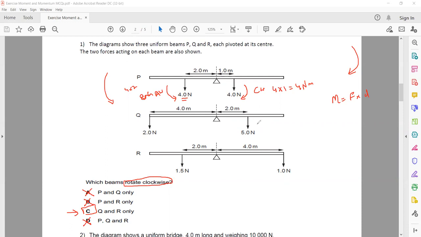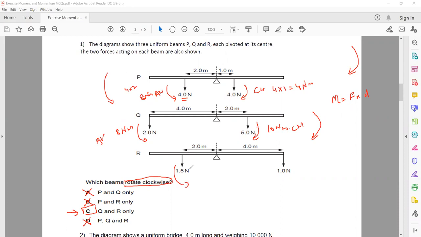When we check Q, the clockwise moment will be 5 multiplied by 2, that is 10 Newton meter. And for the anti-clockwise moment, 2 multiplied by 4 equals 8 Newton meter. Because the clockwise moment is more, this will rotate clockwise.